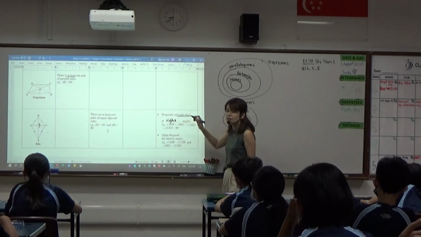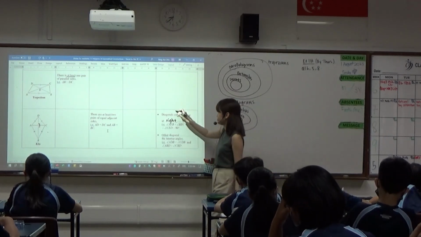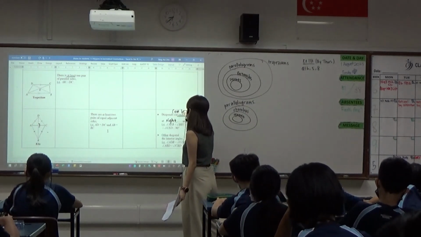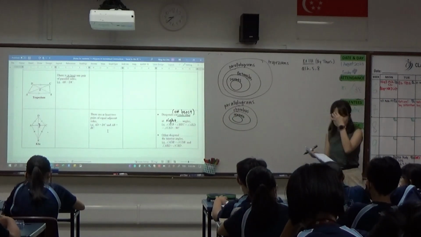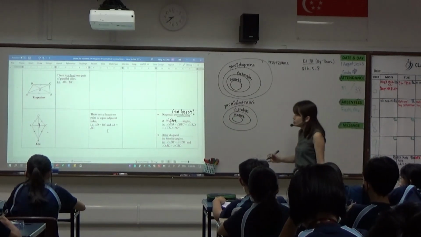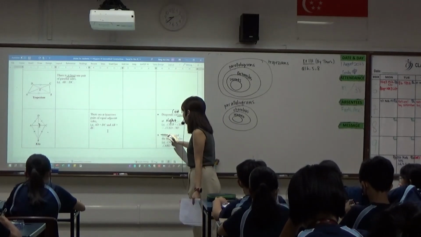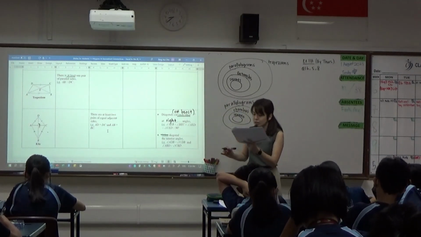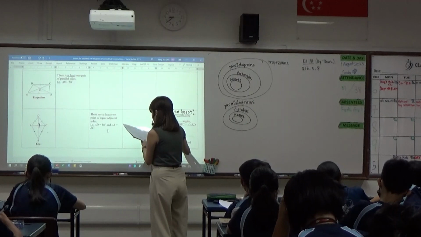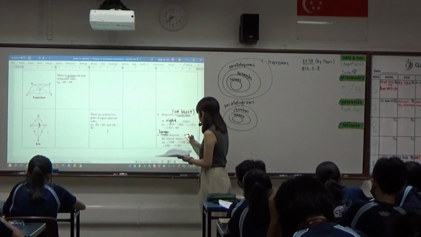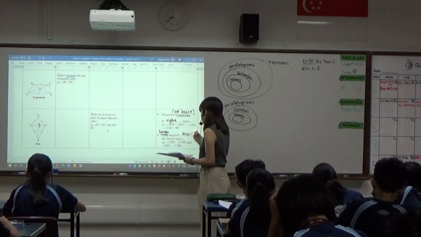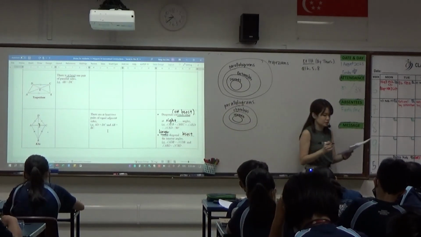They cut each other, they do not bisect. I want to correct this word over here. Instead of other diagonal, we say that the longer diagonal will bisect the interior angles.